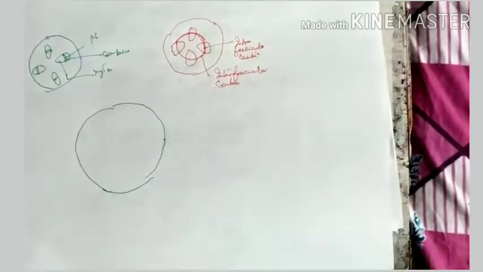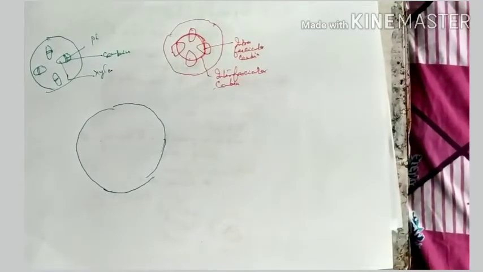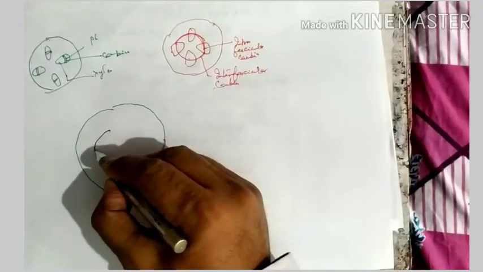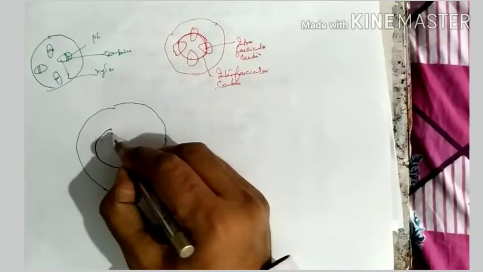So in the third stage, here is the ring of cambium which is formed.